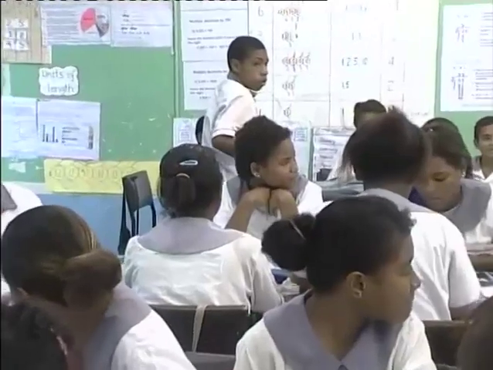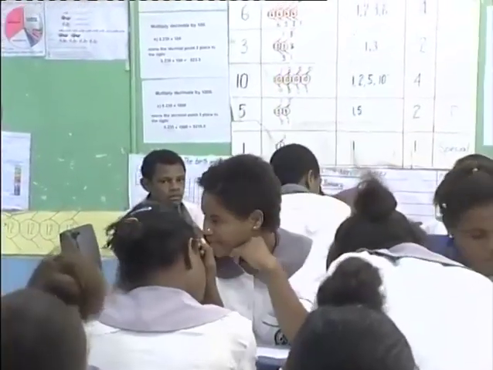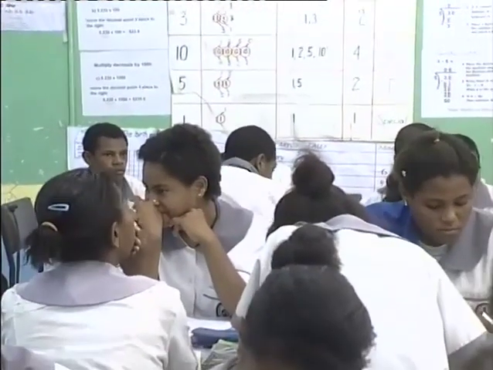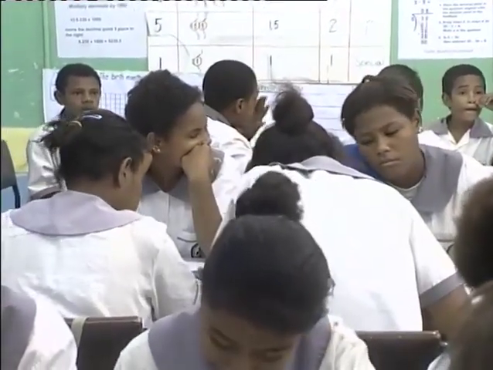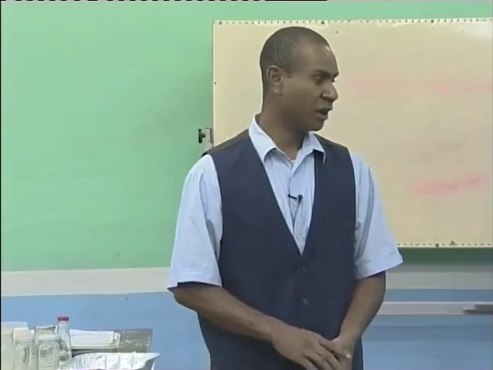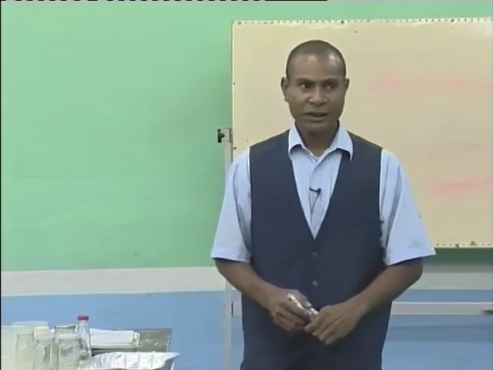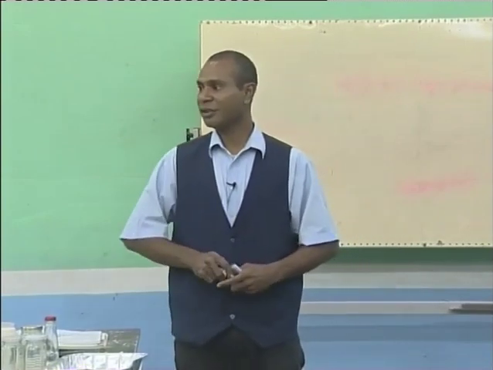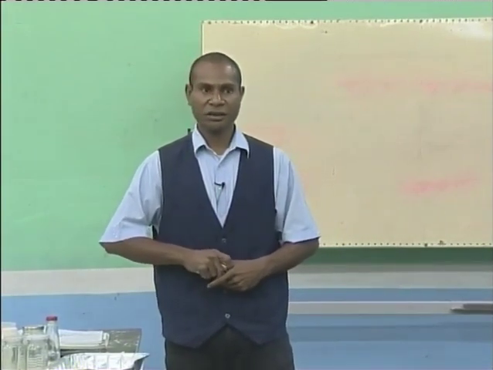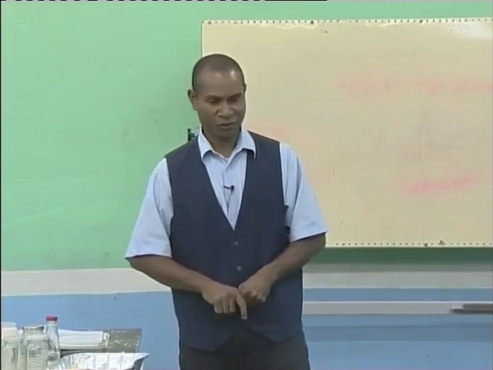Four. There are 4 layers. Good. There are 4 layers of the earth, and the first one that covers the whole earth, which is the surface of the earth, is called the crust. Good. We have the crust, the mantle, the outer core, and the inner core.